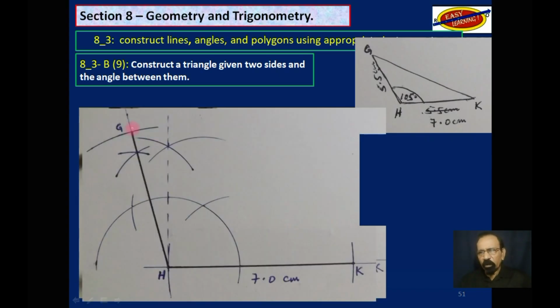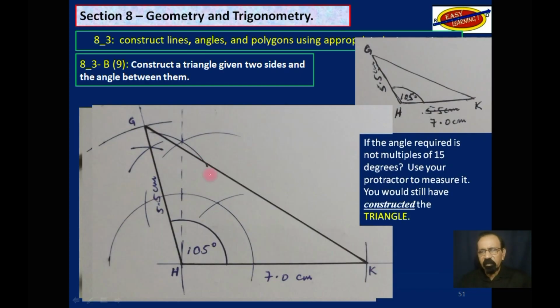And label this point G, bold GH. So now you have GHK. You would need to write in here 5.5 centimeters and then draw a bold line from G to K. So this is the required triangle that you had to construct.